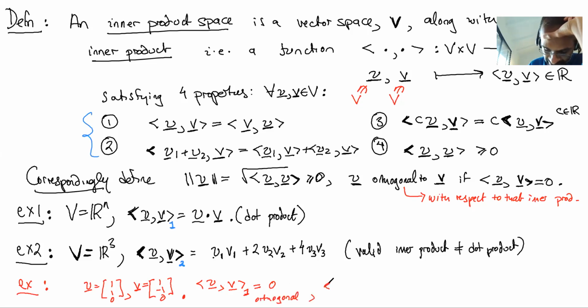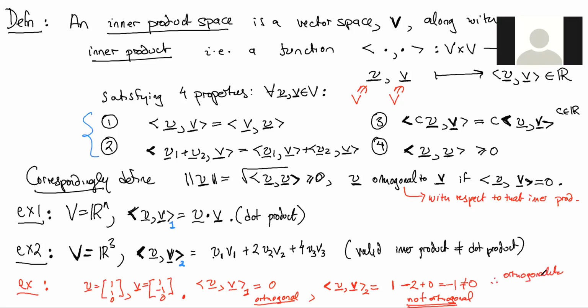But what about if I take the other inner product? Well, I get 1 minus 2 plus 0, which is minus 1, which is not 0. So it's not orthogonal. So the orthogonality depends on the choice of inner product.